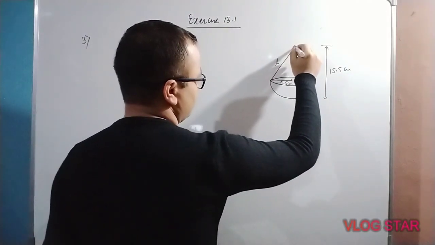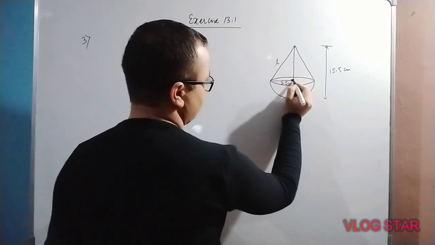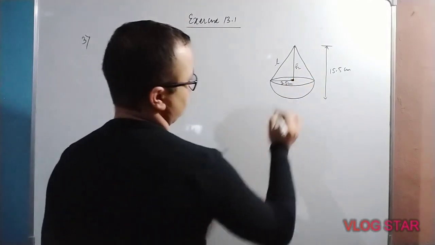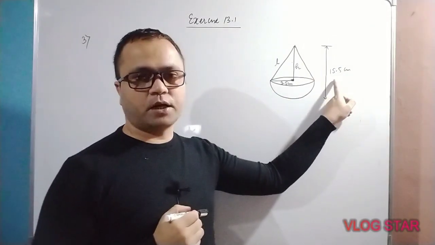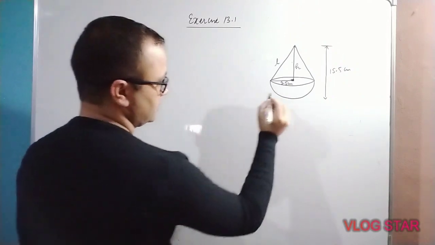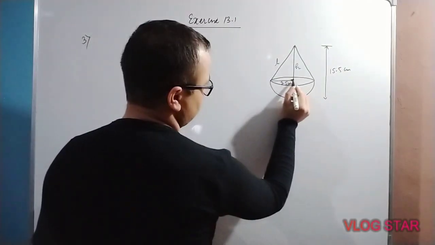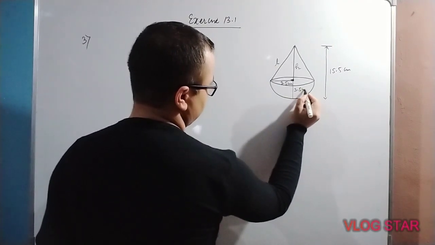First we must calculate the height of the cone. It is given that the total height of the toy is 15.5 centimeter. The radius of the hemisphere is 3.5 centimeter, and this is also the radius of the cone.